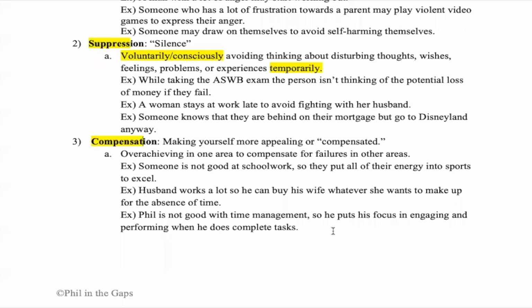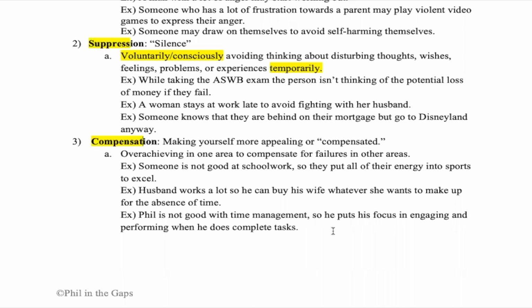Someone is not good at schoolwork, so they put all of their energy into sports to excel in the best way that they can. Another example, a husband works a lot, so he can buy his wife whatever she wants to make up for the absence of time. So they know that career-wise they are doing rather well, while in the relationship field, they're not doing so great.